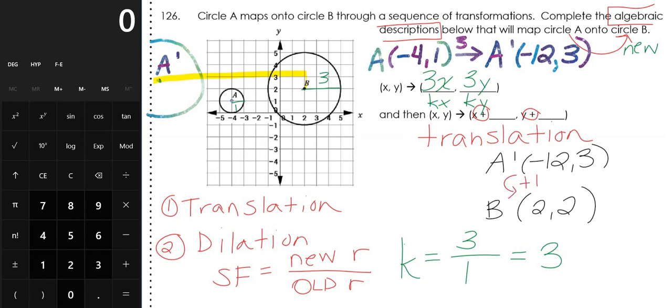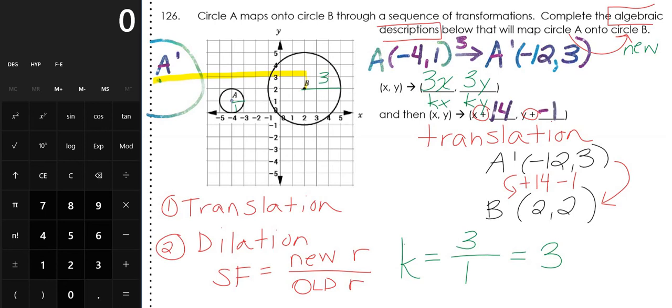We're going to add 14 to get from -12 to 2. And now to get from 3 to 2, we're going to subtract. We're going to subtract 1. So those are going to be our movements. Right 14, down 1. So plus 14 and minus 1. I'm going to go ahead and fill that in as my final answer for the translation. So plus 14 and then a minus 1.